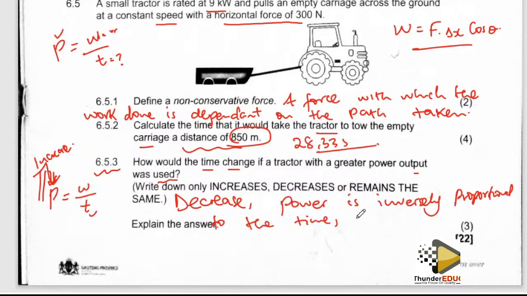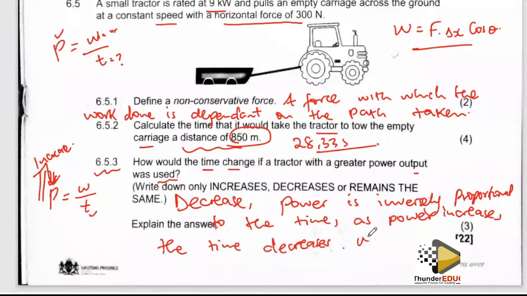So you can say that as power increases, the time must decrease. Time decreases because in all scenarios, we're going to take the work done to be constant.